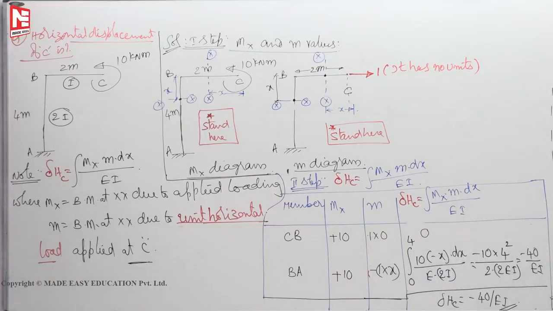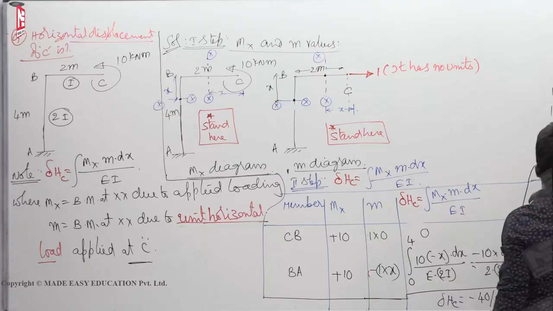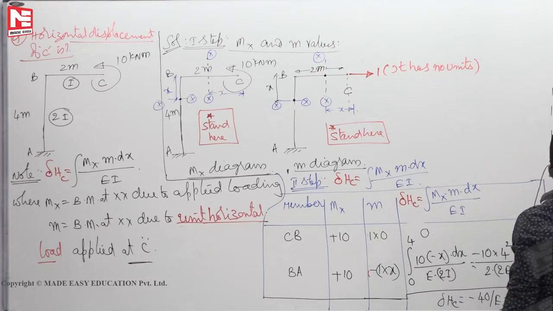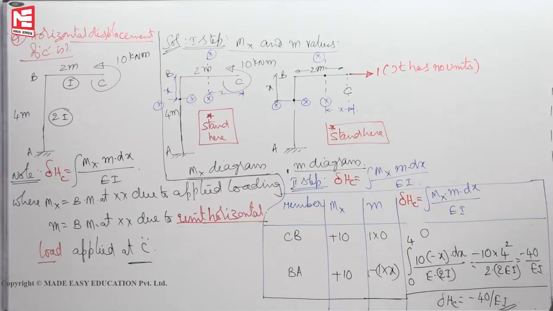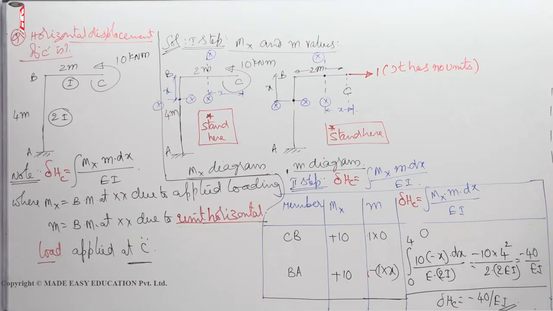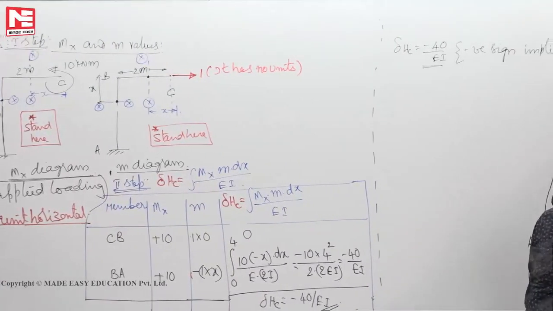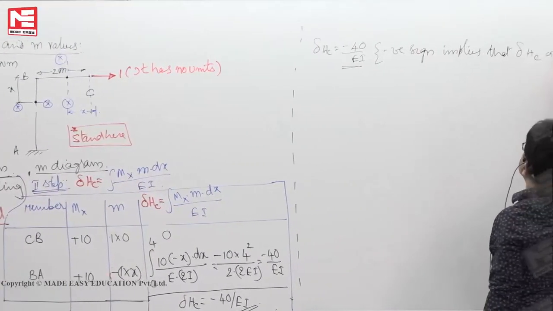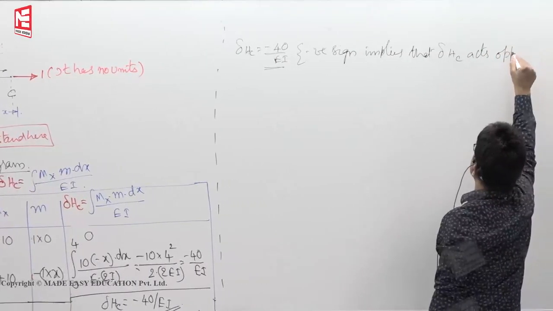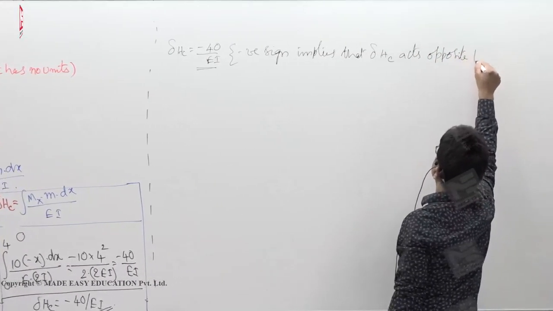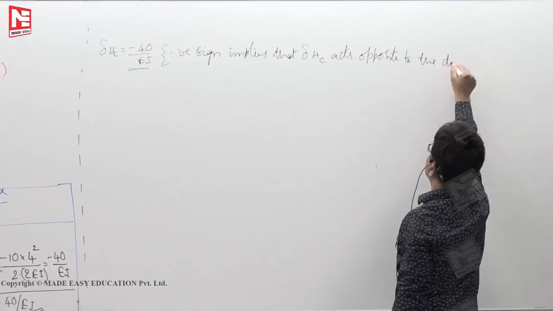Again coming to this one. Delta HC, you will get minus 40 by EI. Negative sign implies that delta HC acts opposite to the direction of unit load.